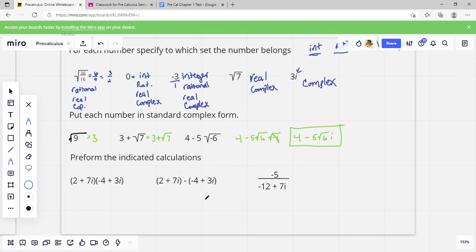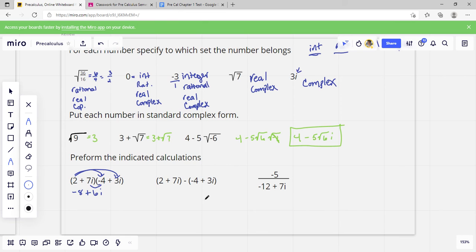All right, perform the indicated calculations. So this one we're multiplying because there's no sign right there. So we're going to multiply this one. So we're going to say 2 times 4 would be 8. That's a negative 8. 2 times 3 would be 6.